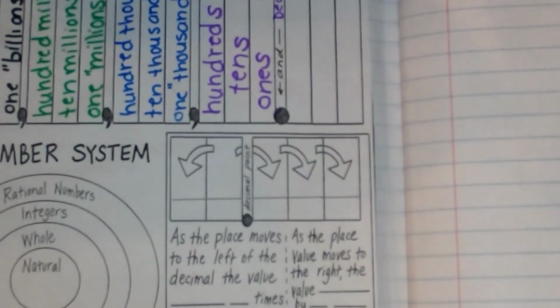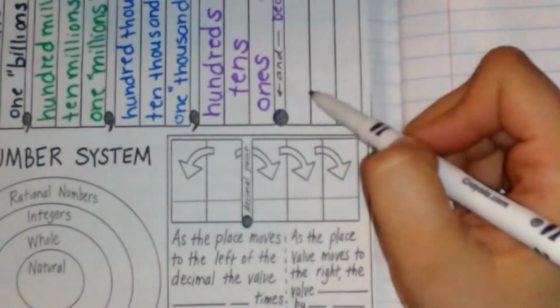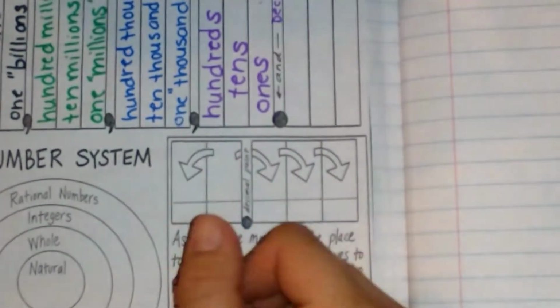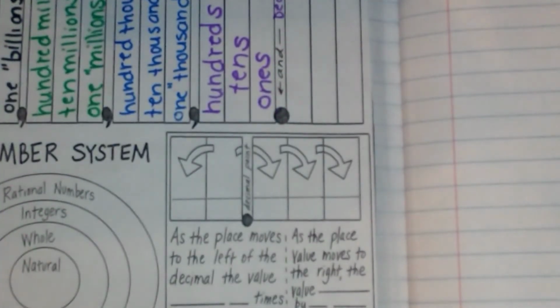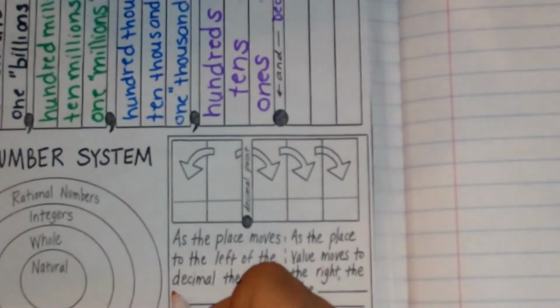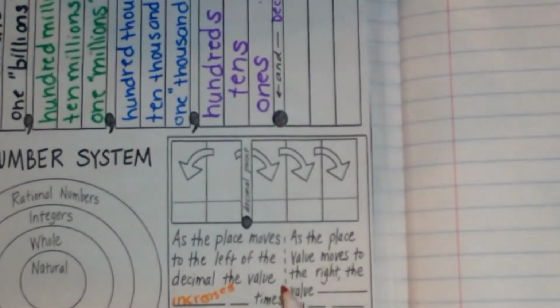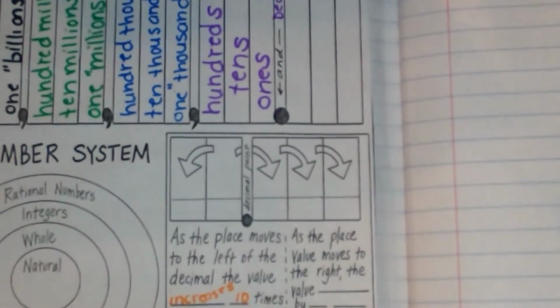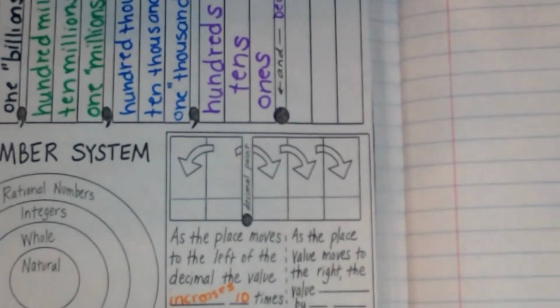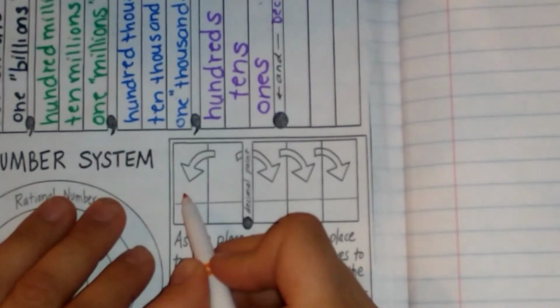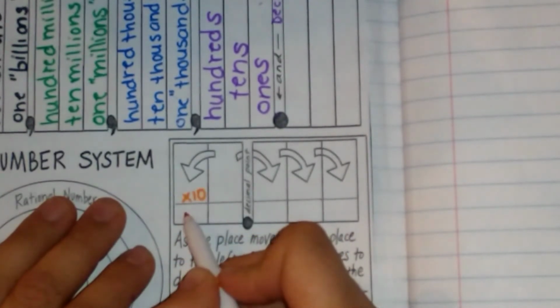Okay? So it increases. I'm going to get a different pen here. This increases, which means gets bigger 10 times, which means this is times 10. This is the tens place.